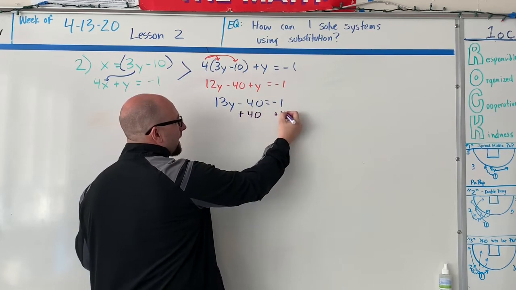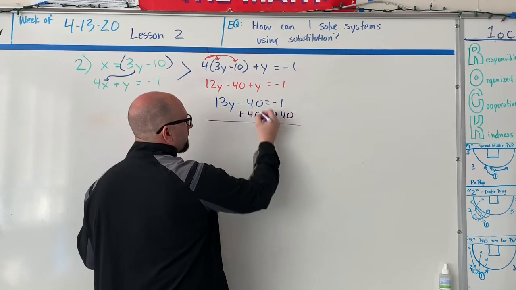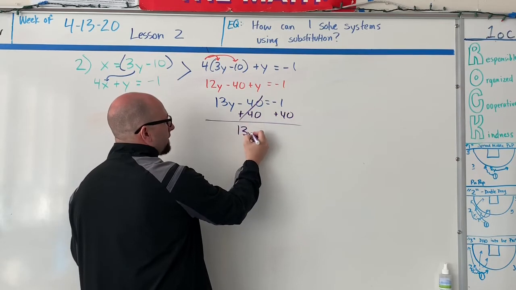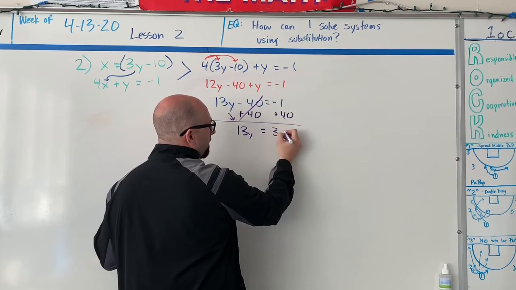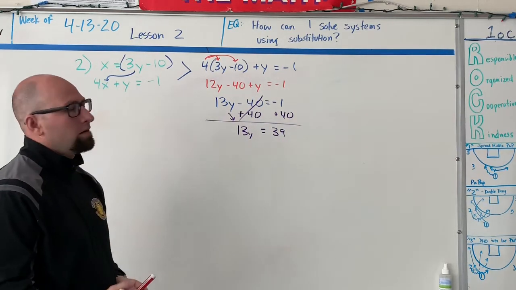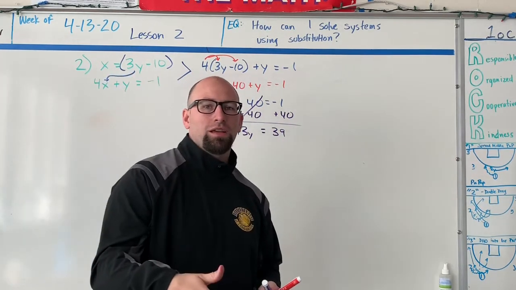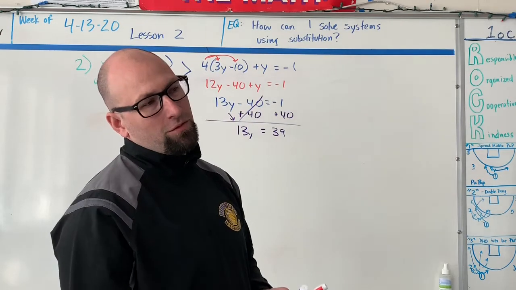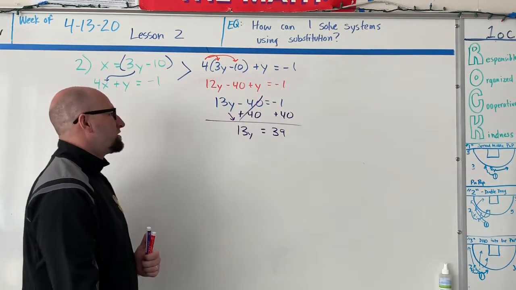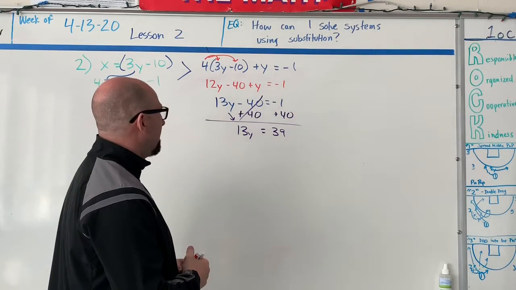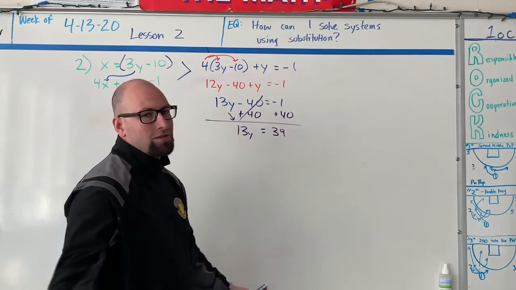Whatever you do to one side, you have to do to the other. That goes away. So you got 13y that comes down equals 39. Okay? If you owe somebody $1, you have 40 bucks in your pocket, you end up having $39 in total. It's your net. Or you just do 40 minus 1 equals 39.